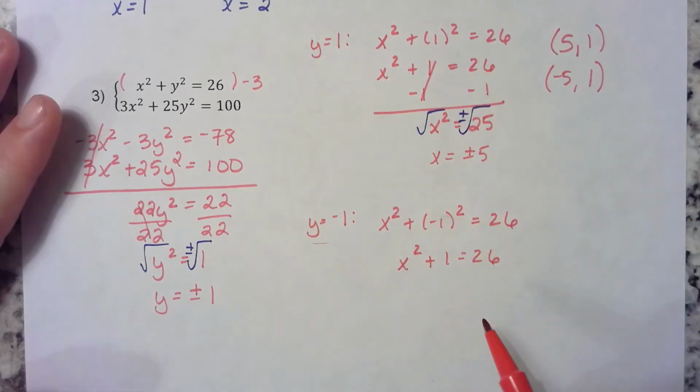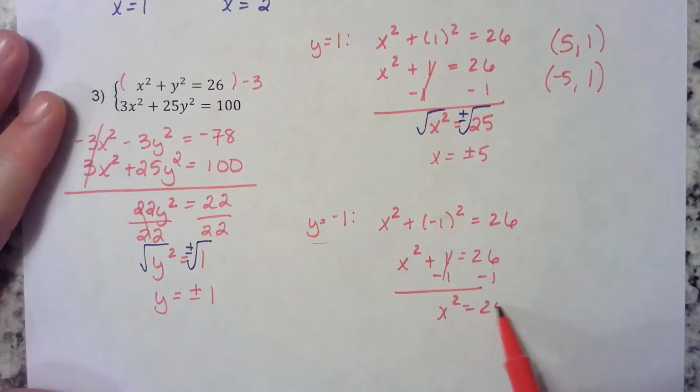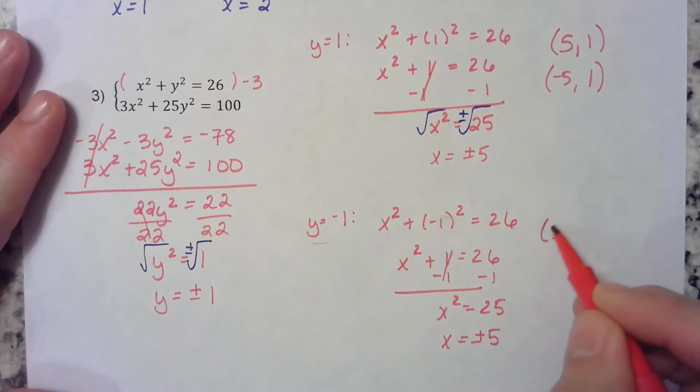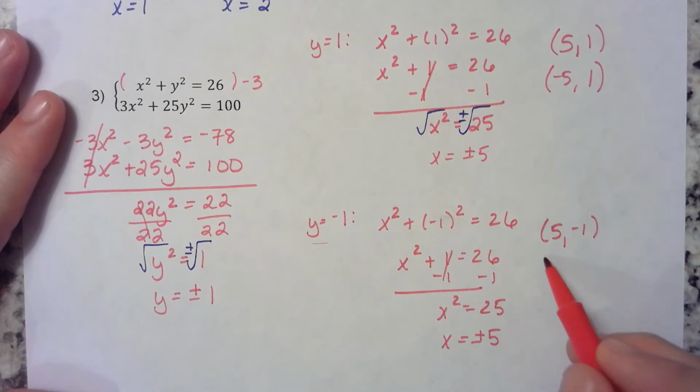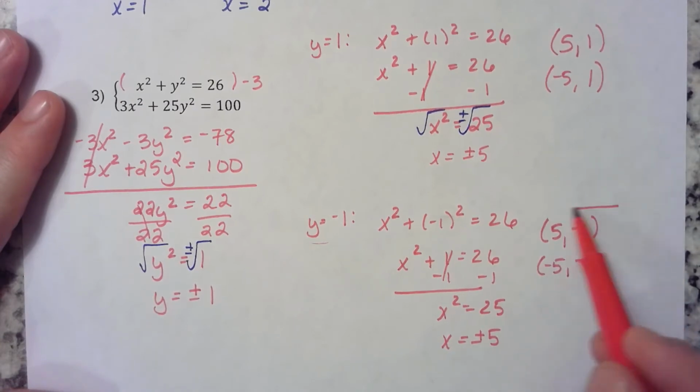You could also just keep going to finish showing your work. We know that x is equal to plus or minus 5. So in this case, x is 5, y is negative 1. X is negative 5, y is negative 1. Supposedly, we have 4 solutions for this particular system.